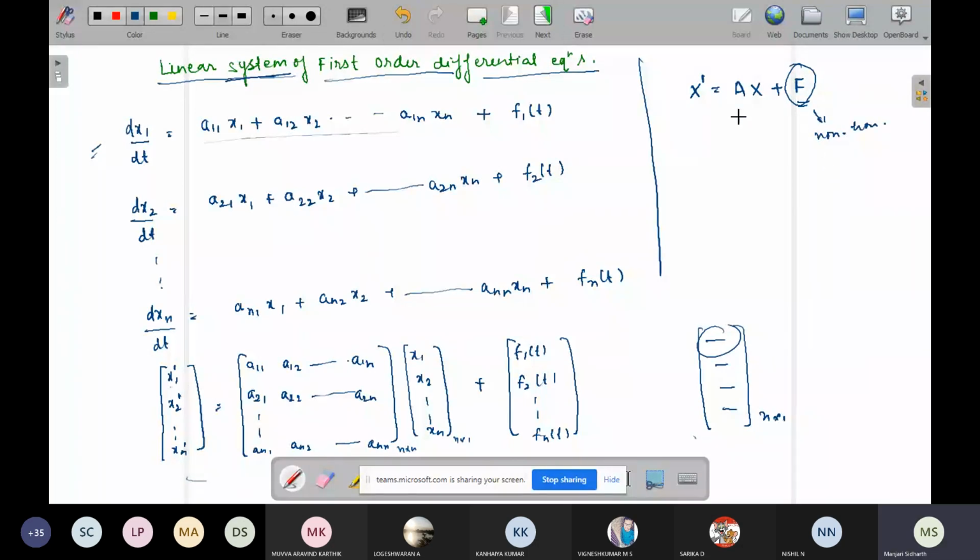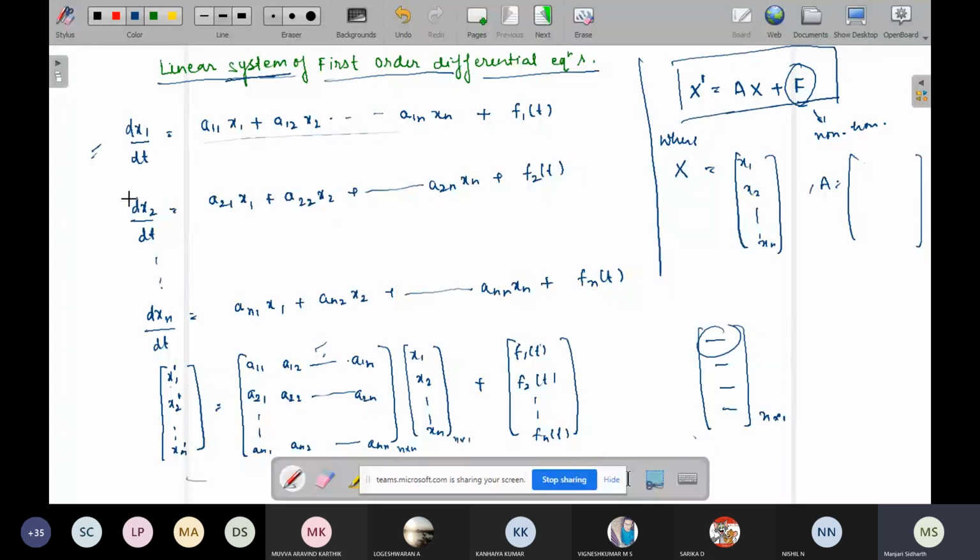Here x is a column vector x1, x2, up to xn, so its derivative means d by dt of x1, x2 up to xn. A is this n cross n matrix, and F is the column matrix containing f1(t), f2(t), fn(t). So this is the corresponding matrix form of this system of differential equations.